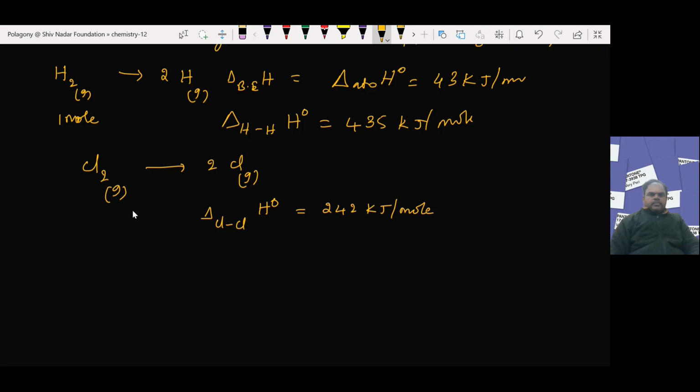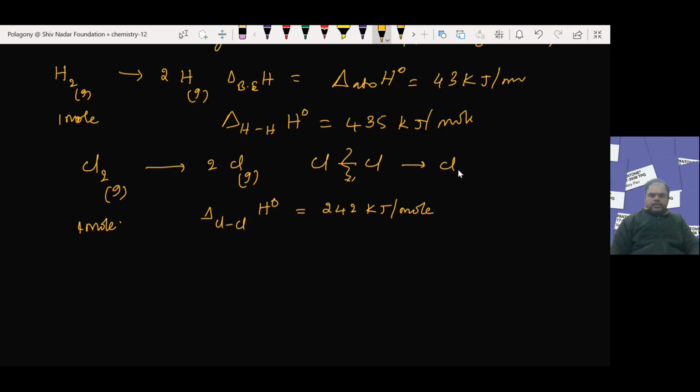For breaking 1 mole of chlorine molecules into free gaseous chlorine atoms, we break one covalent bond between the chlorine atoms.